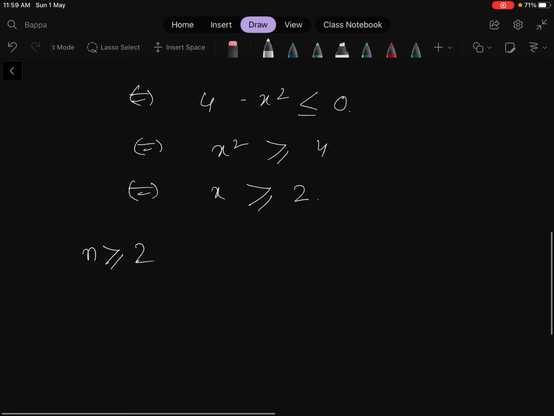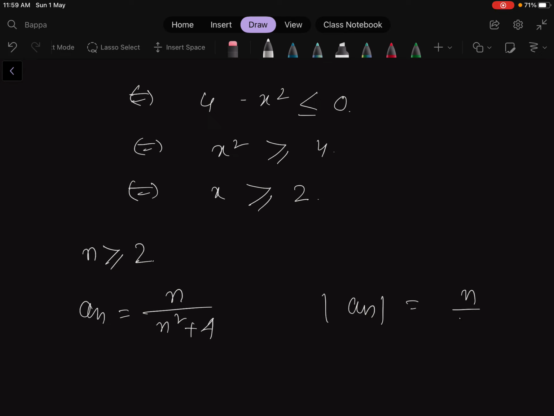Then you see that this sequence n by n square plus 4 is monotonically decreasing, and it decreases to 0, because mod a_n, which is n by n square plus 4, is less than or equal to n by n squared, which is equal to 1 by n, and goes to 0.